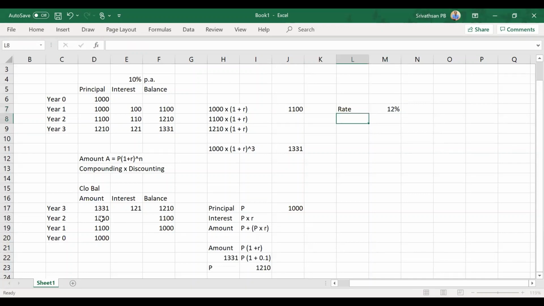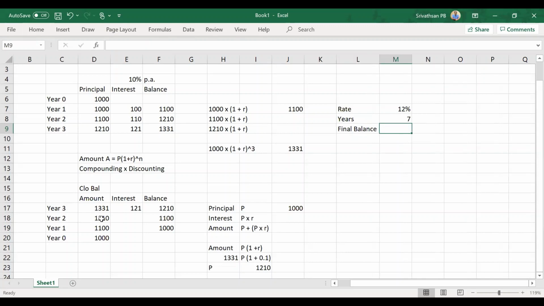So whatever be the rate, say rate 12%, years 7 years, the final balance at the end of 7 years, say is 1,45,000.